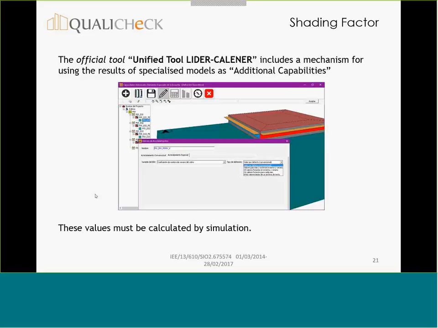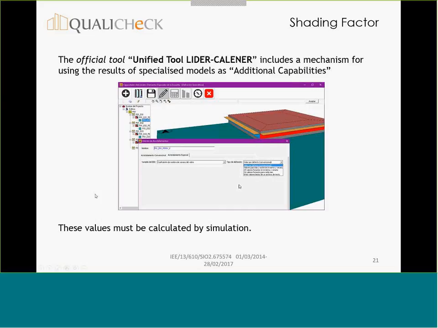For these special shading systems, and for other reasons, we have included in the national official tool, the Unified Tool Lider Calener, a mechanism named additional capabilities, in which we can include, you see, this, for example, the shading coefficient for the glass, for the glazing, in summer.